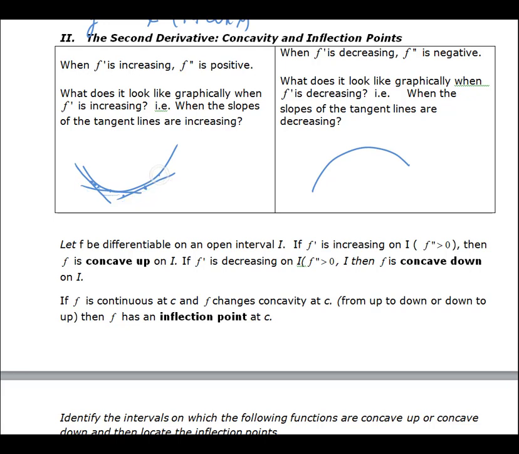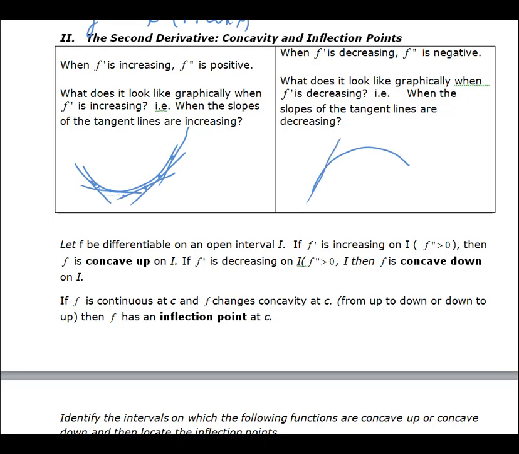And as I move to the right and draw more tangent lines, the tangent lines are getting more and more positive. So what's happening here is f prime is increasing. The slopes of the tangent lines are increasing, and that occurs when a function is concave up. So to figure out where a function is concave up, you want to find out where the second derivative is positive.